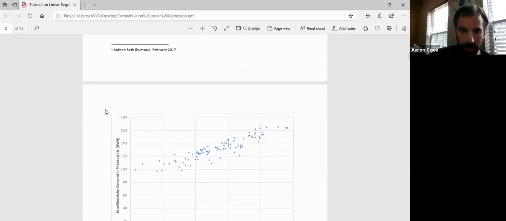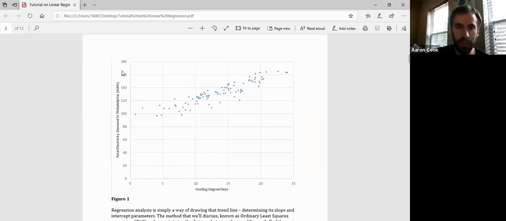That's illustrated by, say, this cloud of data here, or the relationship between total electricity demand and cooling degree days. So you'd expect some relationship between cooling degree days and electricity demand.